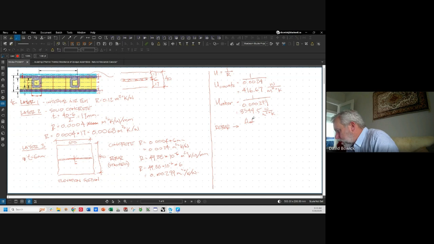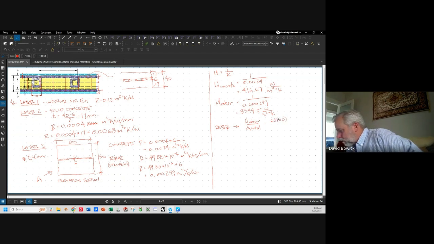A rebar over A total. And so now I'm talking about the area projected on the surface. This is the areas we're talking about. So A rebar equals 6 times 400.